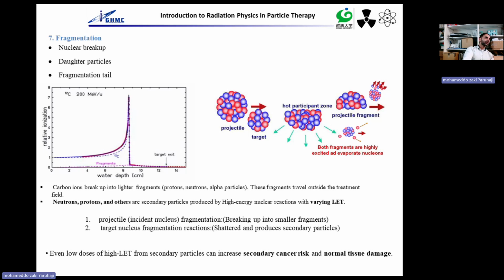They can increase the risk of secondary cancer or another cancer. However, this fragmentation tail is the main disadvantage of using heavy ion therapy. Protons don't have it, that's true, but we have heavy ions.